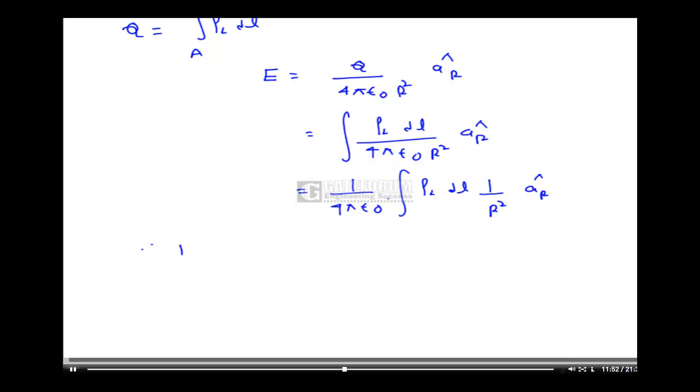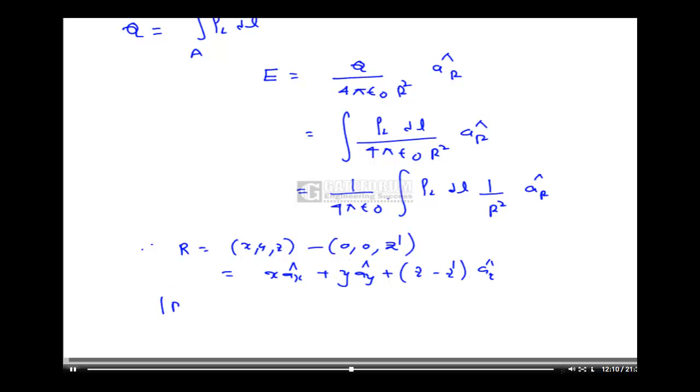Therefore r is equal to x y z minus 0 0 z dash, that is given by x ax cap plus y ay cap plus z minus z dash az.